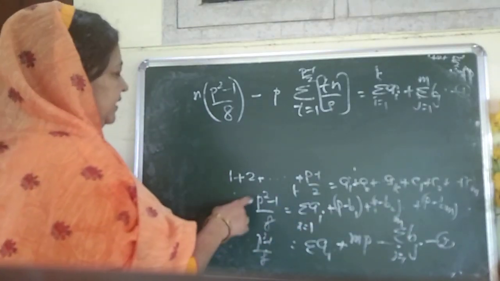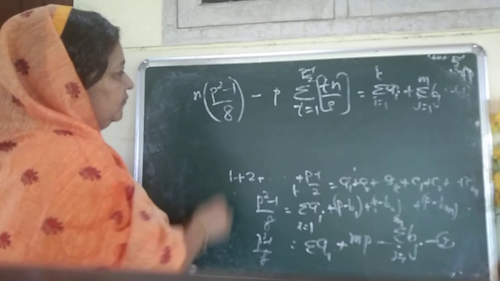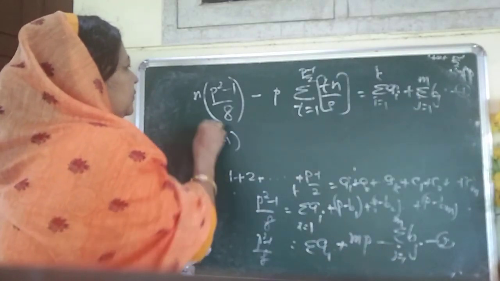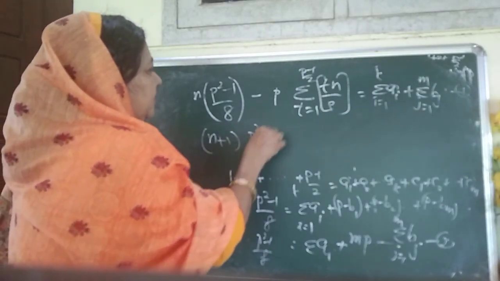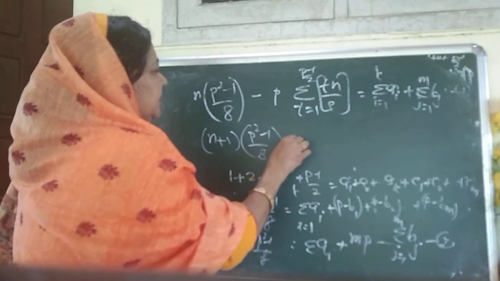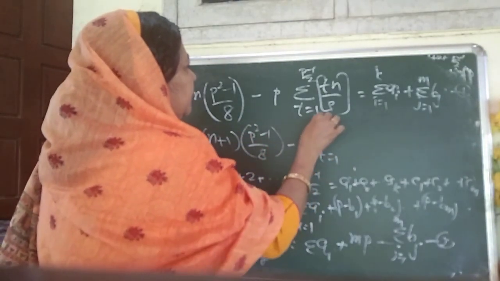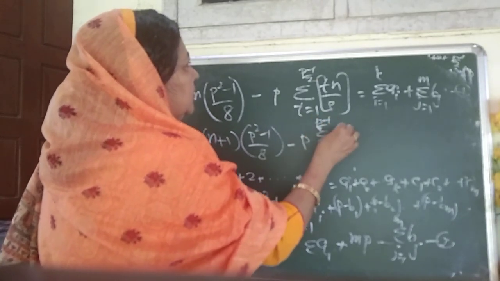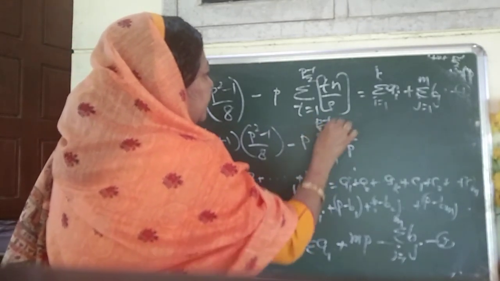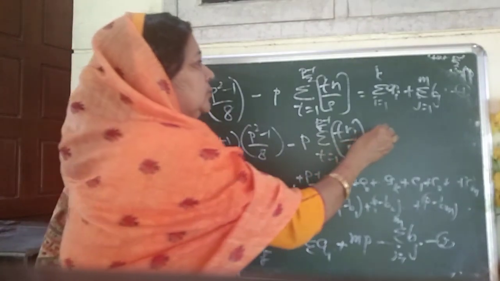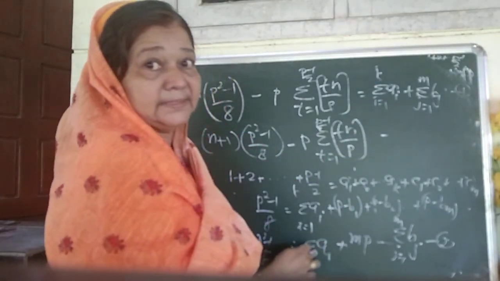Adding 1 and 2 we get n plus 1 into (p square minus 1)/8 minus p into sigma t equal to 1 to (p minus 1)/2 of the integral part of tn by p equal to sigma a_i plus sigma a_i.